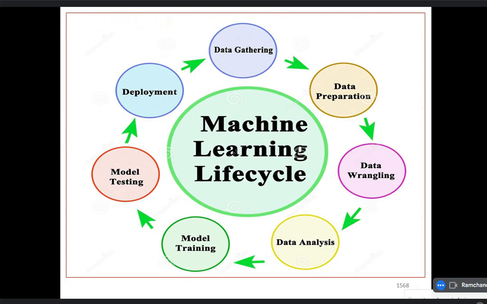Data preparation means we are eliminating noisy, inconsistent, and dirty data by applying filters like binning and box plots. Then data wrangling is where we check for wrong data and eliminate it. After that, we can call it data analysis.